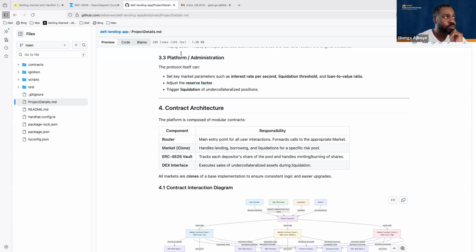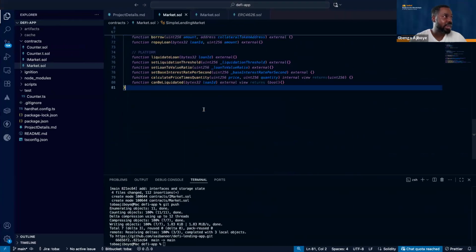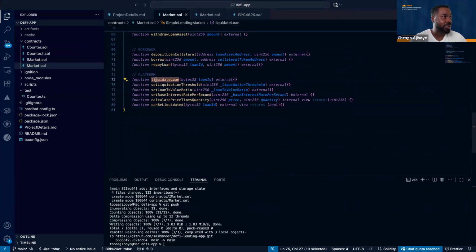Yeah, and the administration can also trigger liquidation for under collateralized positions. So I said the platform is the one who does this, but the reality is anyone can, because if you look here, where the function I write liquidate loan, anyone can pass in a loan ID, provided you know what the loan ID is. Just pass it in and liquidate it. If the loan can be liquidated, you will notice this returns a boolean.